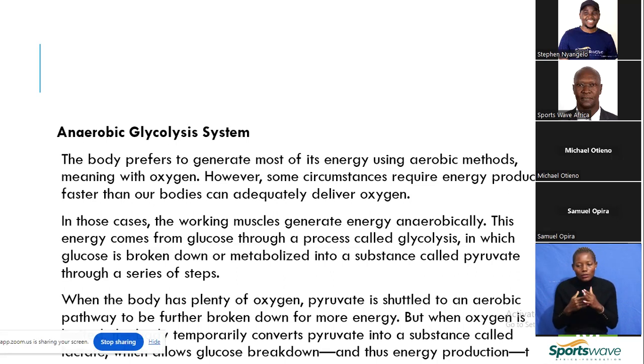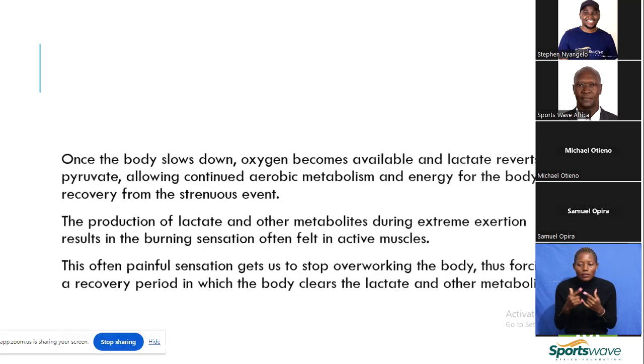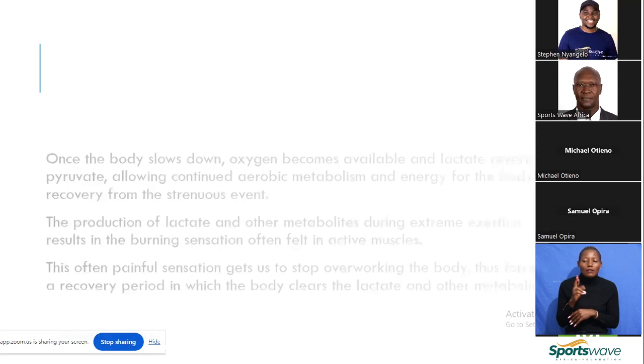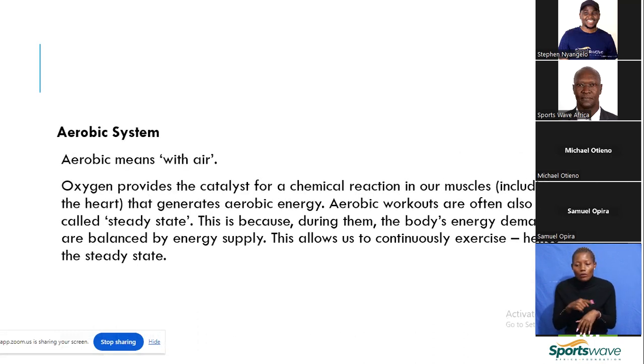Then when we go to endurance, we have the aerobic system coming in, which is when the oxygen is fully available. What I want to bring out here is that the three systems operate concurrently. It is only that for a particular activity, one system could be dominant, the other one not dominant.